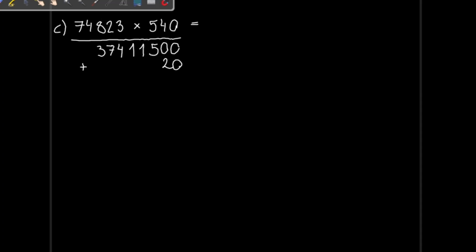So 4 times 3 is 12. 4 times 2 is 8 plus 1 is 9. 4 times 8 is 32. 4 times 4 is 16 plus 3 is 19. And 4 times 7 is 28 plus 1 is 29. Great.